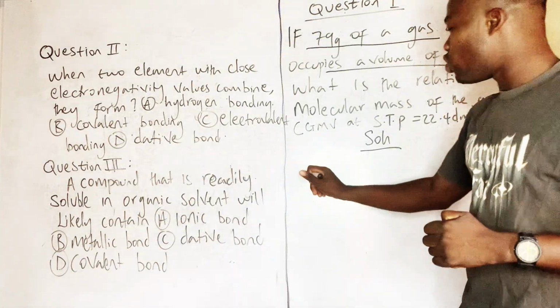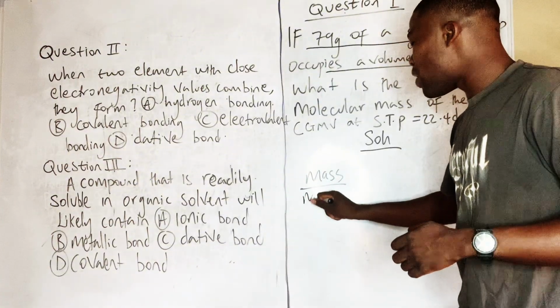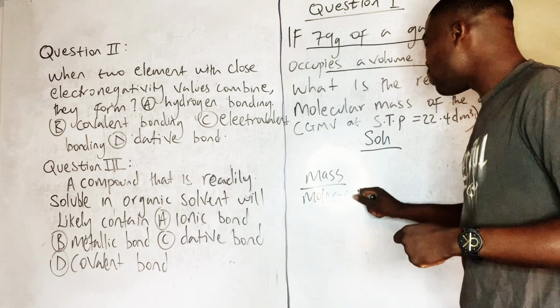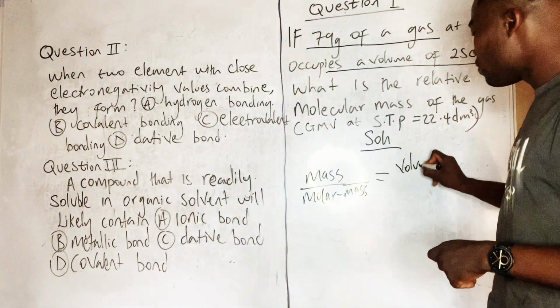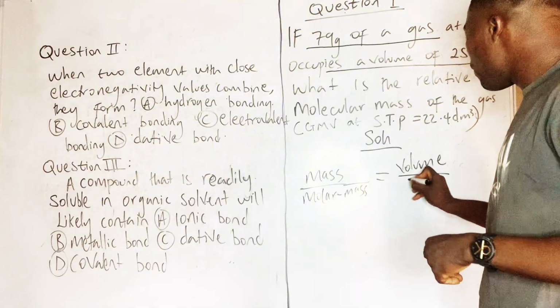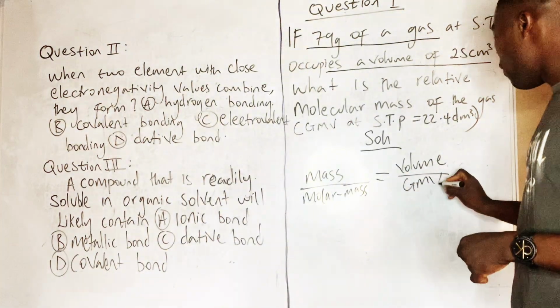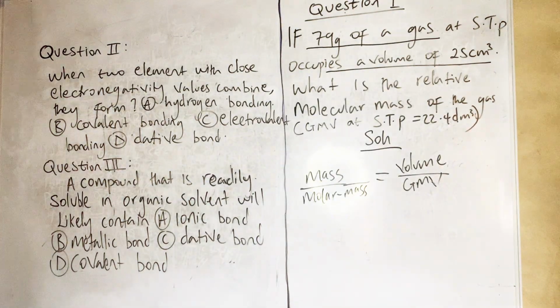To solve this kind of question, I've given you a shortcut: mass over molar mass, or mass over molecular mass, is equal to the volume of the gas over GMV. There's a difference between molecular mass and molar mass, but usually they have the same value. GMV was given, which is 22.4.